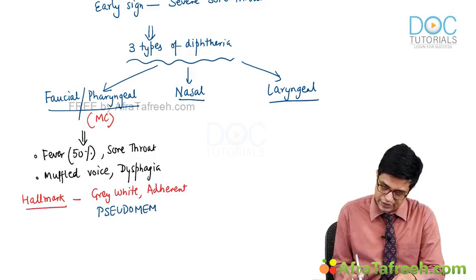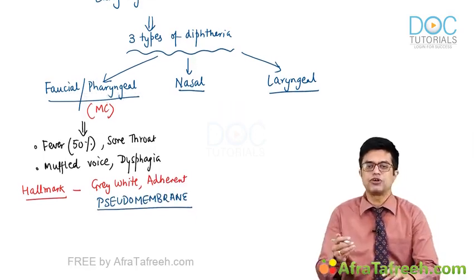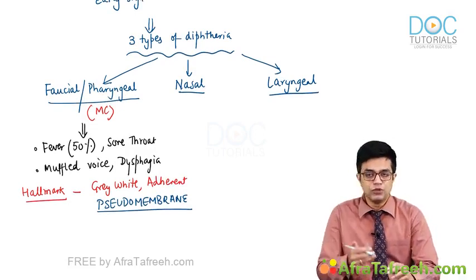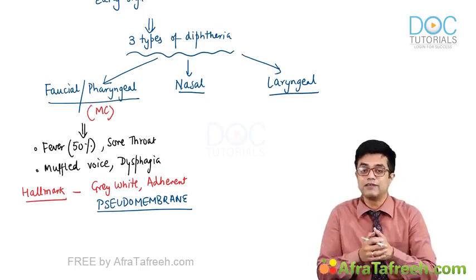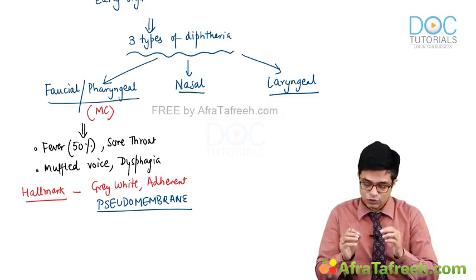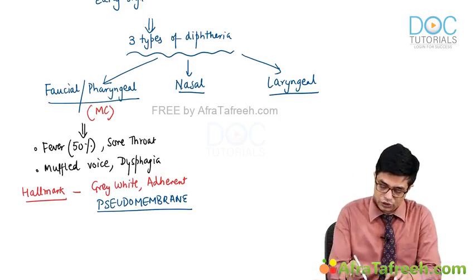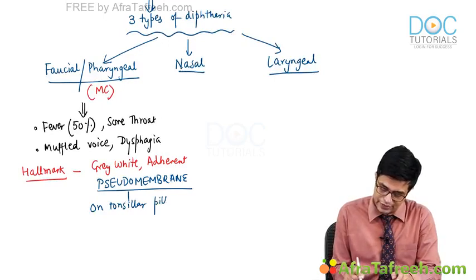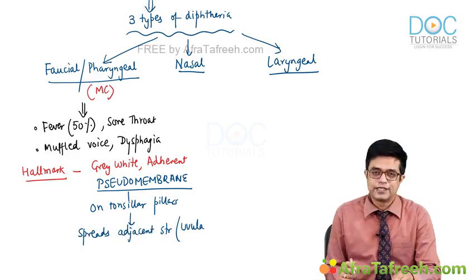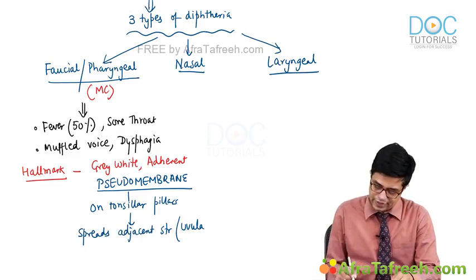It is composed of a mixture of epithelial cells, fibrin, WBCs, some RBCs, some necrotic debris, and it is teeming with organisms as well. This pseudomembrane forms initially on the tonsillar pillars and then spreads to adjacent structures. It spreads to the uvula as well as the posterior pharyngeal wall.